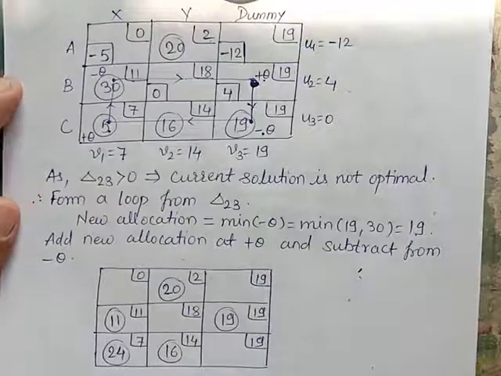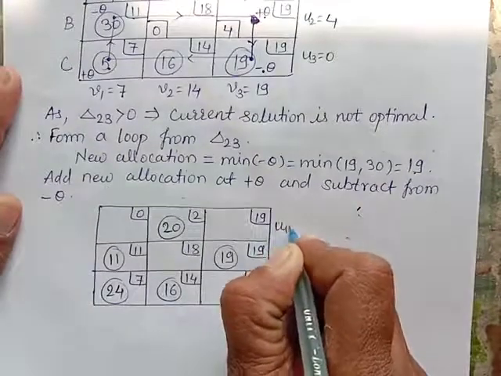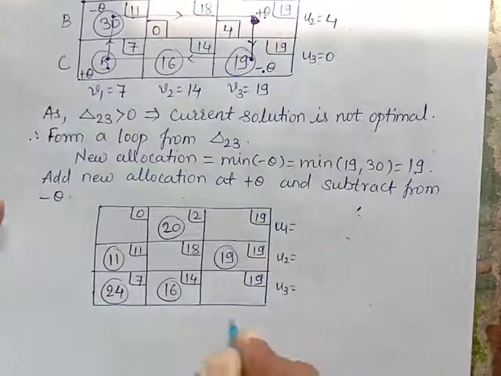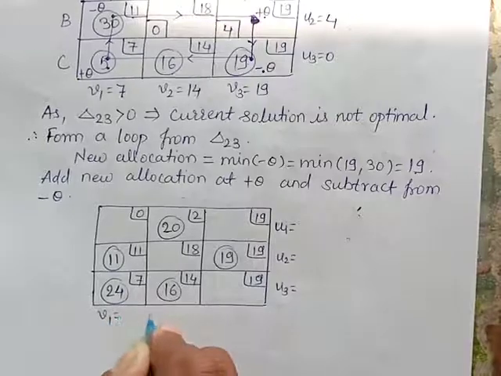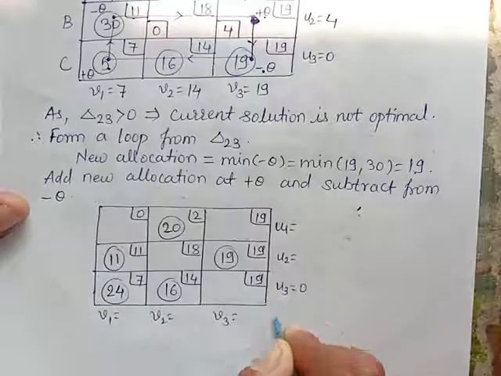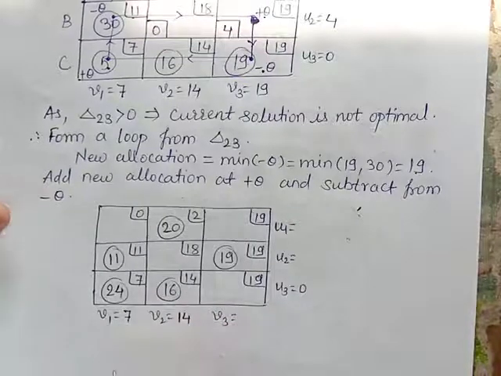Now let's determine ui and vj here and check the optimality. So u1, u2, u3, v1, v2, v3. Let me take u3 as 0 again. Then v2 will be 14, v1 will be 7.